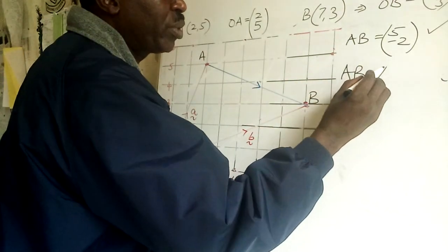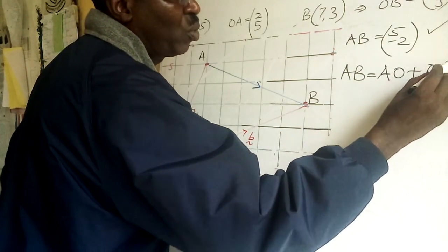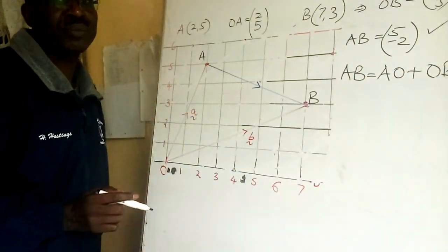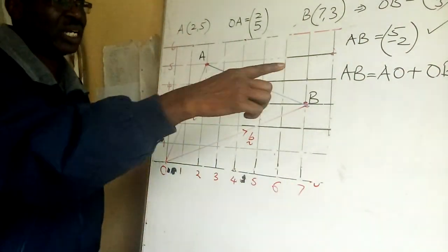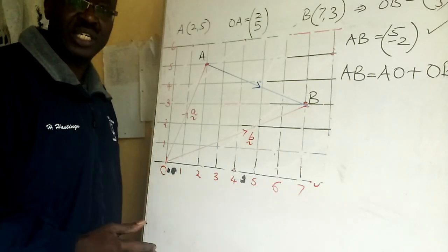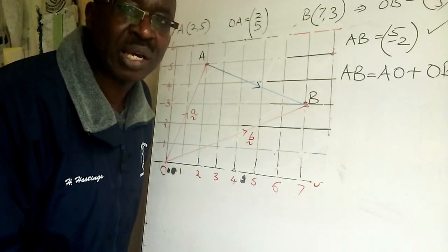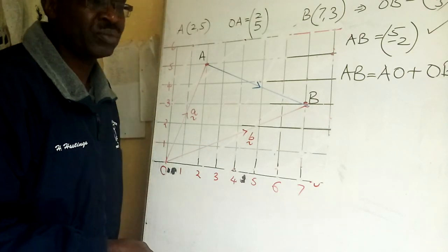So I'll move from A to O, and then connect from O to B. Look at that. That is really what I want us to do. Yesterday we were doing it in terms of addition, but there is an aspect of subtraction.